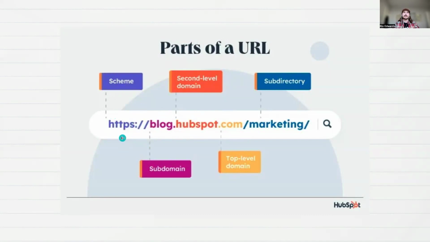So the first part of a URL is, at least on the web, for any website, as far as I know, going to be HTTP or HTTPS. And they stand for Hypertext Transfer Protocol.